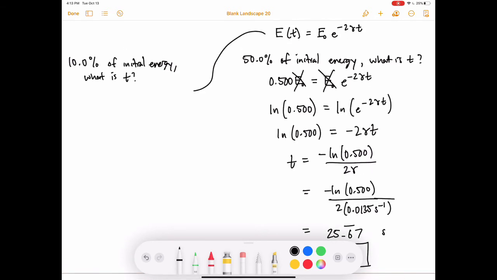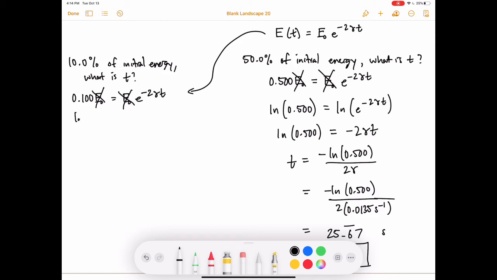Remember, the energy at time t, which is going to be 0.100 times E naught, so it's only 10% of what we started with, equals E naught times e to the minus 2 times gamma times t. Once again, E naught goes away.